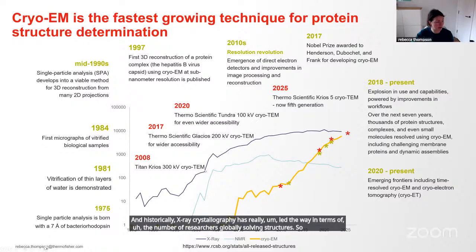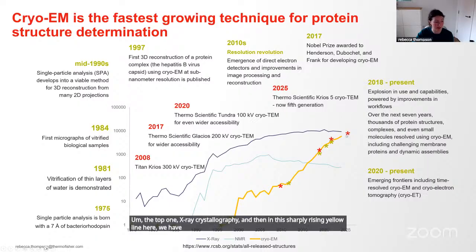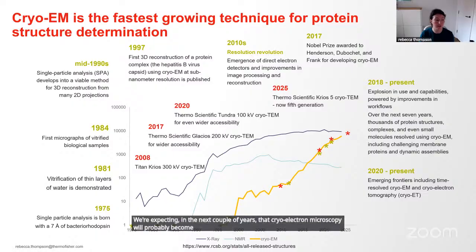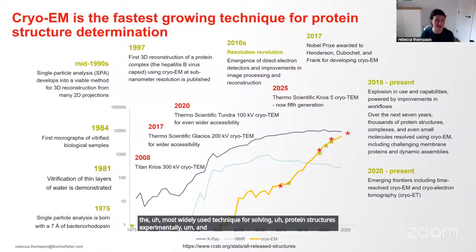So this graph shows the number of structures, on a logarithmic scale, solved by the top one, X-ray crystallography, and then in this sharply rising yellow line, we have cryo-electron microscopy. We're expecting in the next couple of years that cryo-electron microscopy will probably become the most widely used technique for solving protein structures experimentally. And we'll go into the reasons why in the next couple of slides.